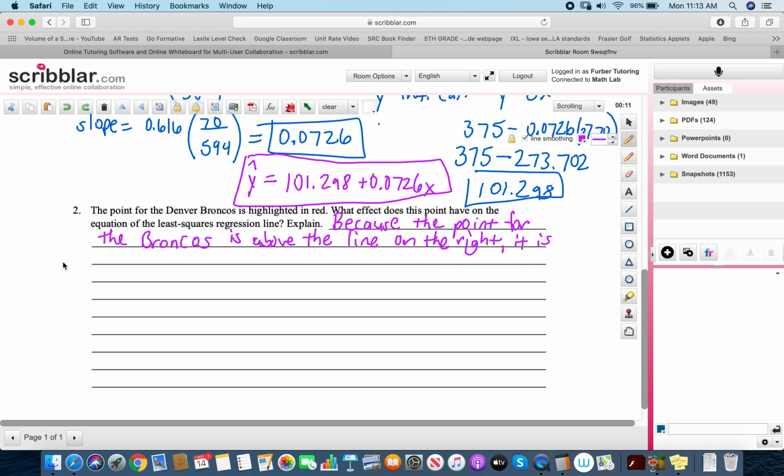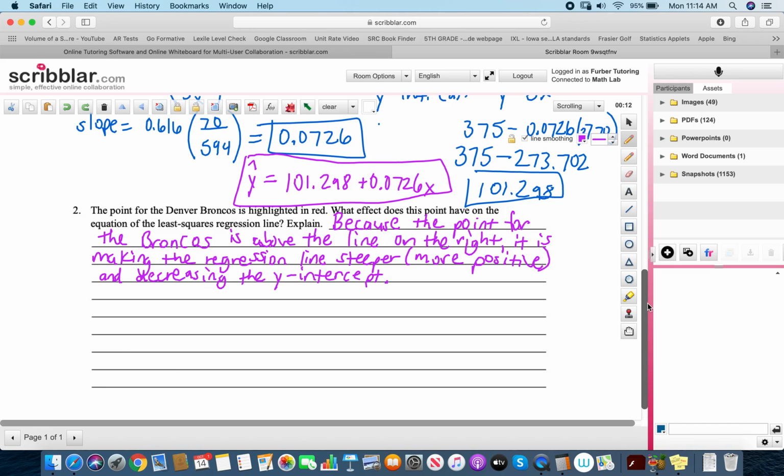It is making the regression line steeper, and in parentheses I'll just say more positive, and decreasing the y-intercept.